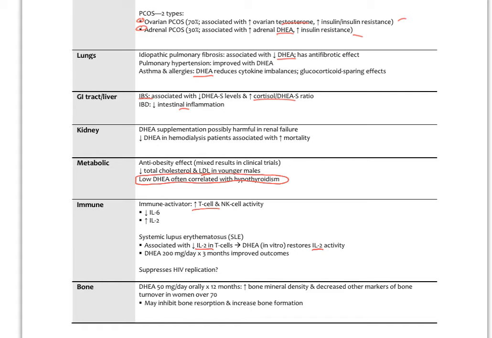And in some of the studies with lupus in particular, DHEA at 200 milligrams a day for 3 months improved outcomes of lupus. Potentially suppresses HIV replication. I think that was more of an animal study. In bone, DHEA 50 milligrams a day orally for 12 months increased bone density, decreased other markers of bone turnover in women over 70. So it may inhibit bone resorption and increase bone formation.